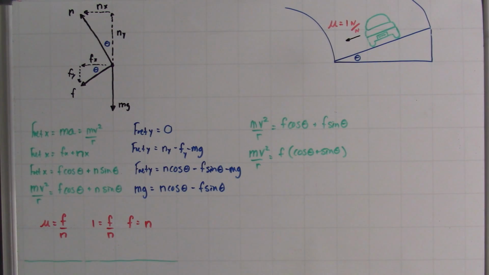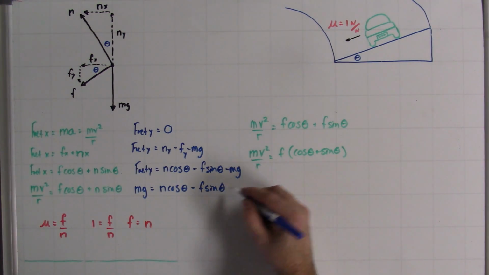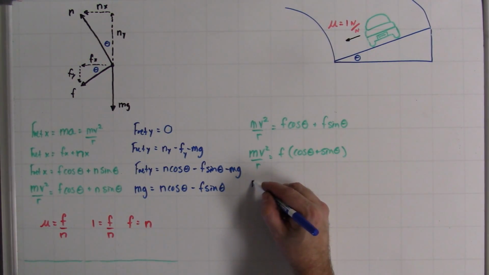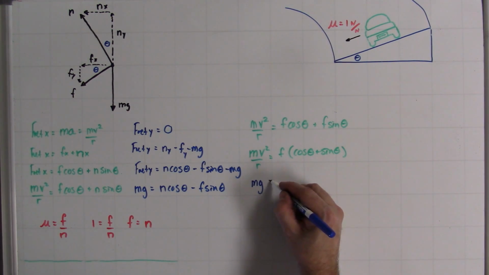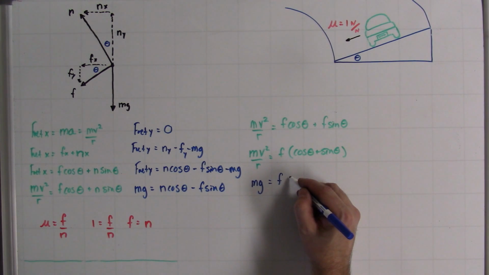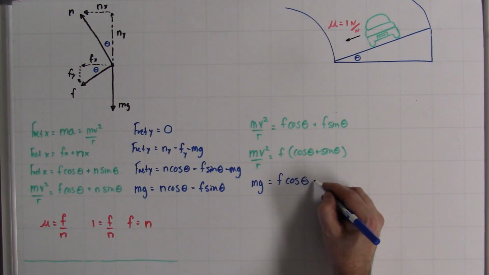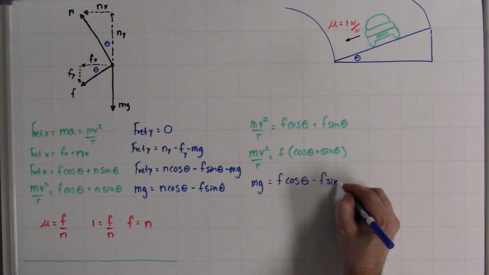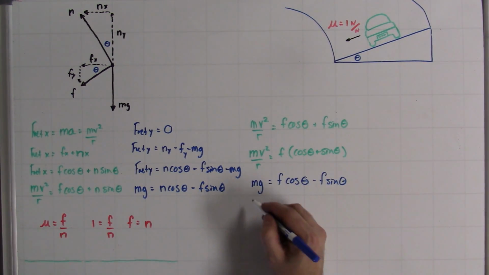If I do the y direction, I'm going to take this and just translate it over here. I have mg is equal to, again, if n is equal to f, I can say it's f cosine theta minus f sine theta.